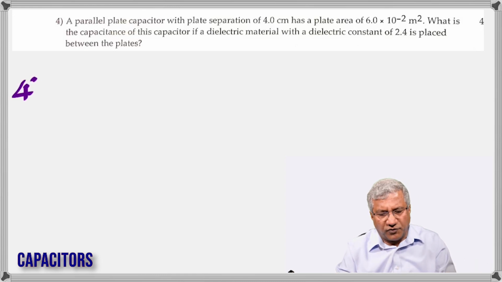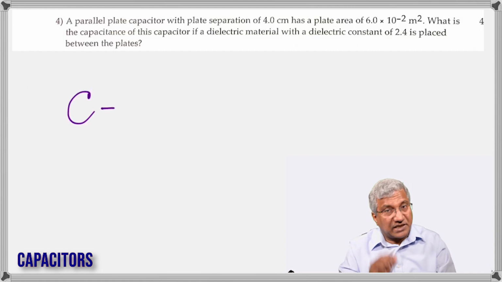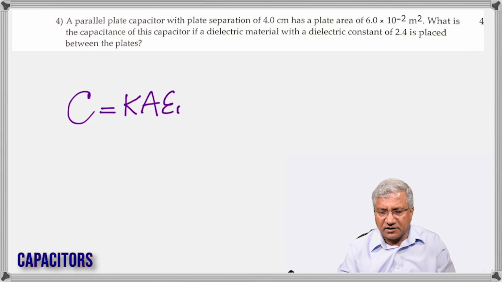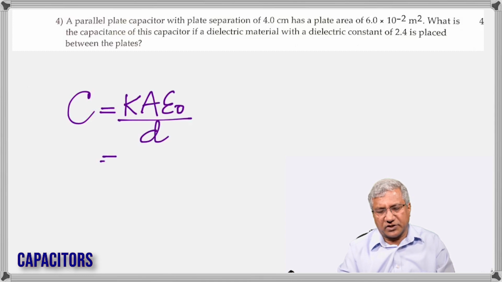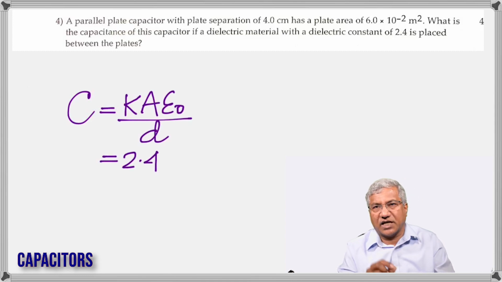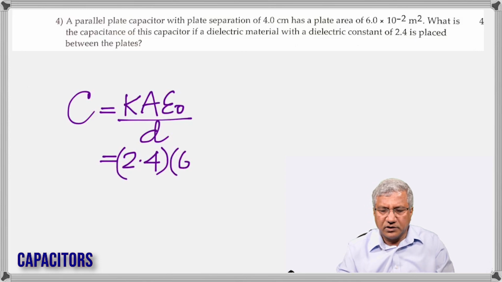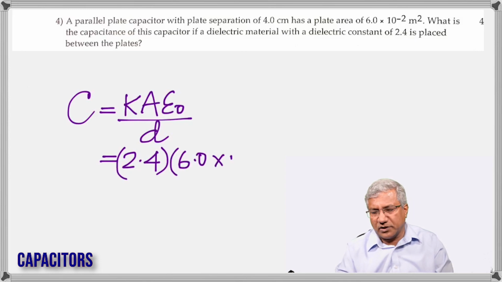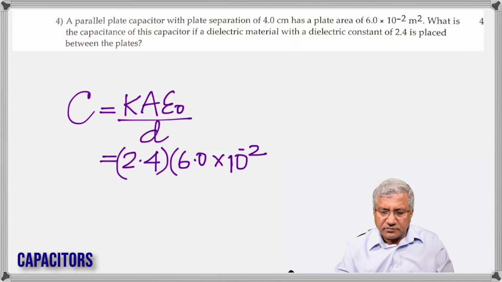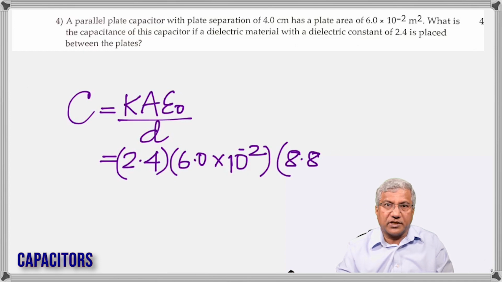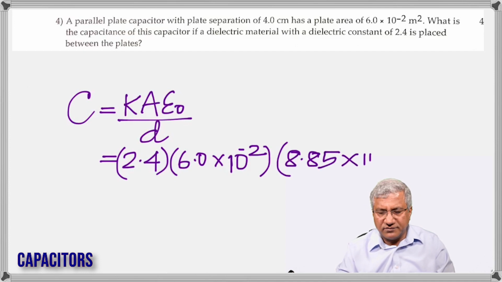So here's the formula for capacitance, which is what? K epsilon naught A by D. K is the dielectric constant, 2.4. Area must be in meter squared, which it is. Epsilon naught is 8.85 times 10 to the negative 12.